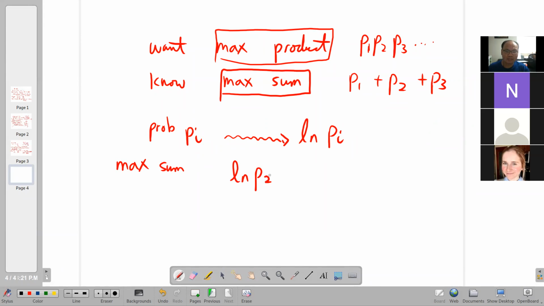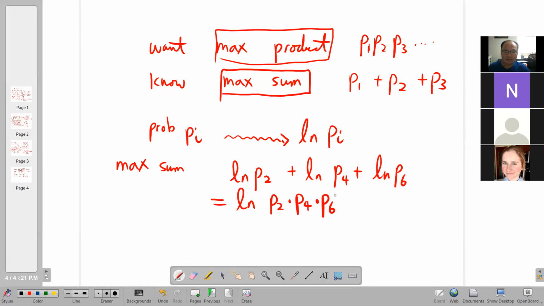Maybe I find that the maximum uses these three parties, P4 and the others, and I sum it up. But you remember that a sum of logs is the same thing as the log of the product. So when you maximize the sum of the logs, you're also maximizing the log of the product.